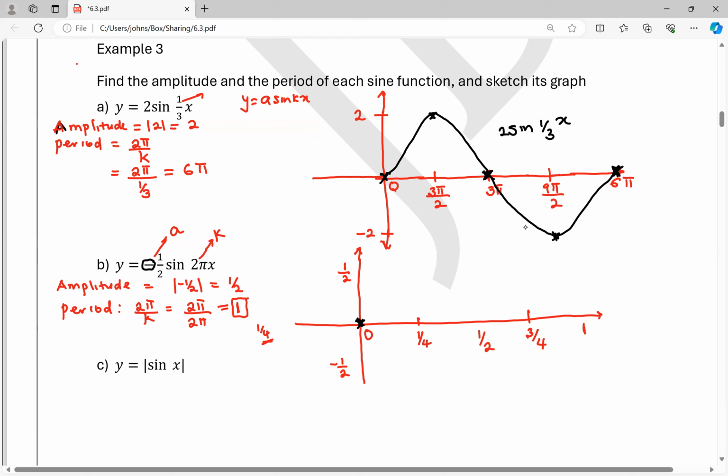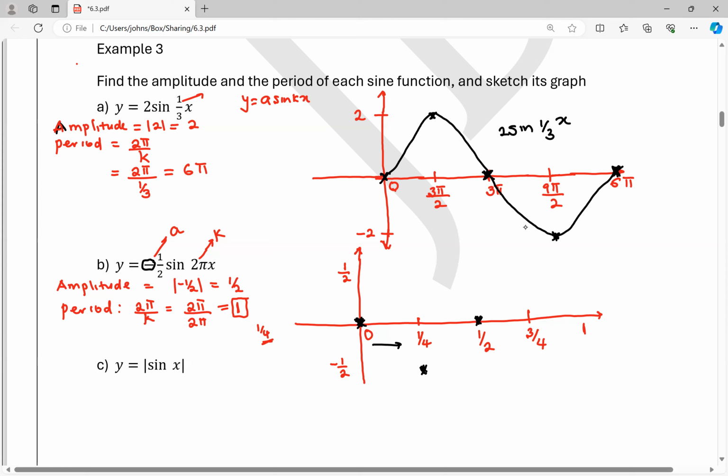Look at it. We start from 0, 0. But remember, this is the graph of sine. When you start from 0, 0 and you are going to the right, by the time you get to the next point, we're supposed to go to the maximum point, the y value, which is half. But because of this negative here, instead of going to the maximum, you go down to the minimum. Then as you go to the right, you come back to your baseline.